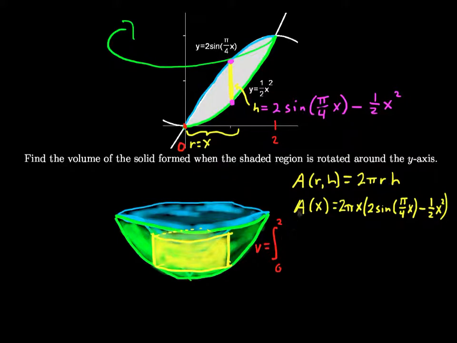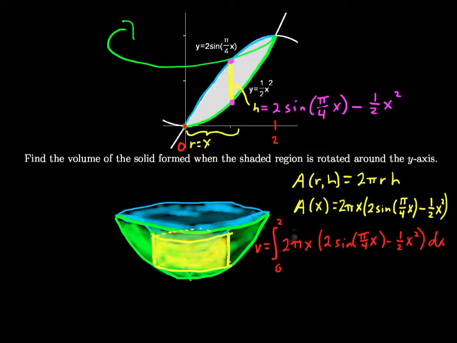So the volume is the integral from 0 to 2 of the area function, which is equal to 2 pi x multiplied by 2 sine of pi over 4 x minus 1/2 x squared dx.